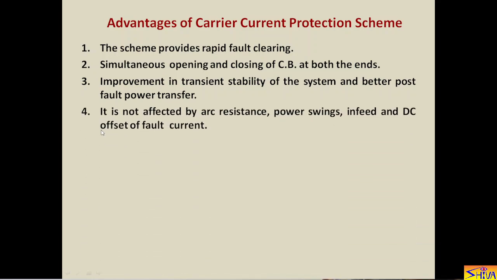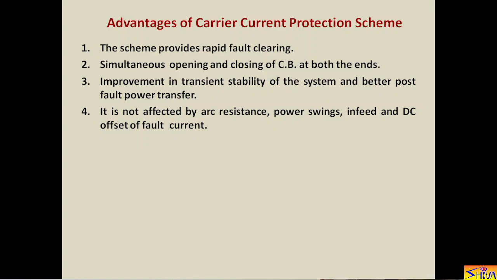Next is, this scheme is not affected by arc resistance, power swings in feed and DC offset of the fault current. We have seen that the resistance protection was affected by arc resistance, power swing in feed and DC offset of fault current. So this is the advantage.